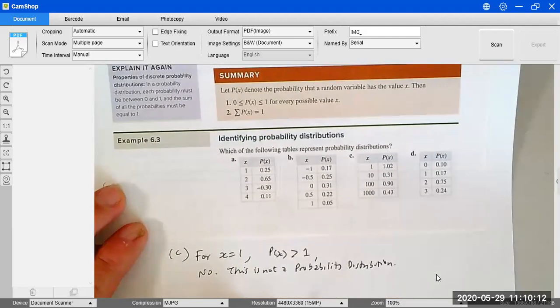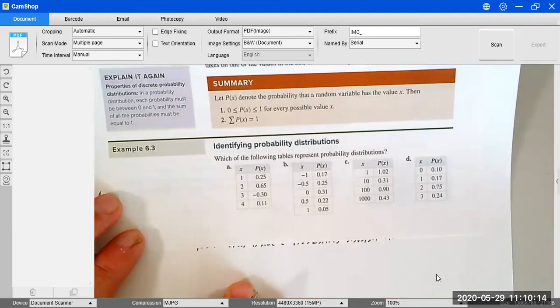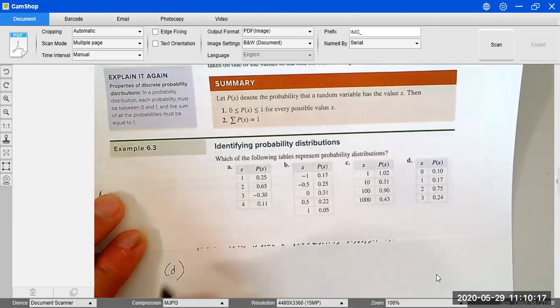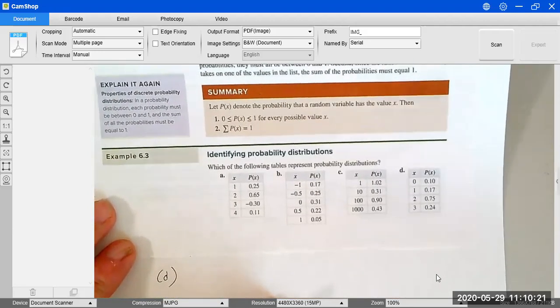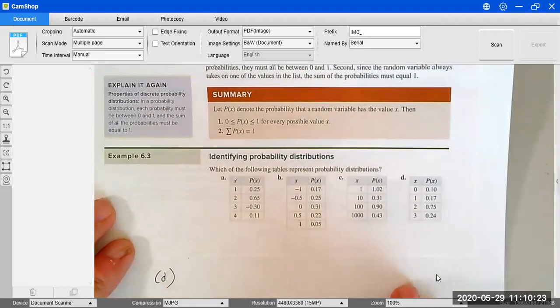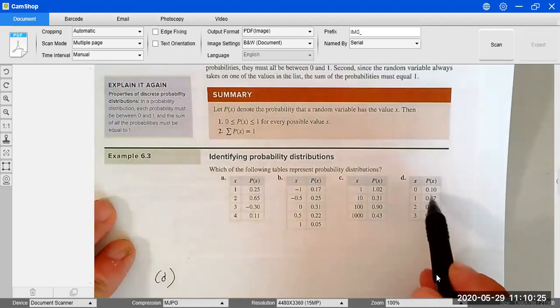Now the fourth table. In the fourth table, we have again numerical values for x. We have probability values that are between 0 and 1 in those 4 cases.